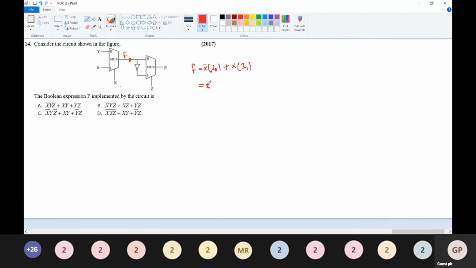X dash into I0, the value here is Y, plus I1, the value here is 0. So X dash Y you have got. Small f is equal to X dash Y. Moving to the second multiplexer, capital F is equal to, the selection line is Z. So Z dash into I0 plus Z into I1.